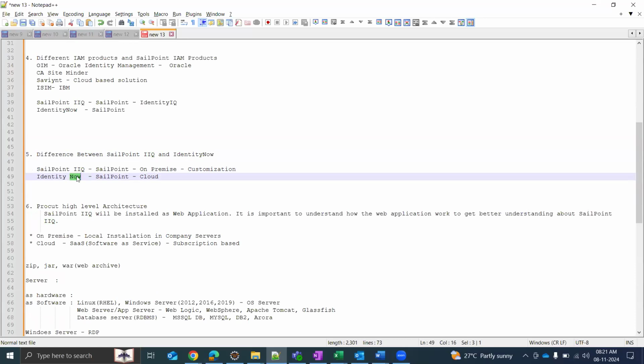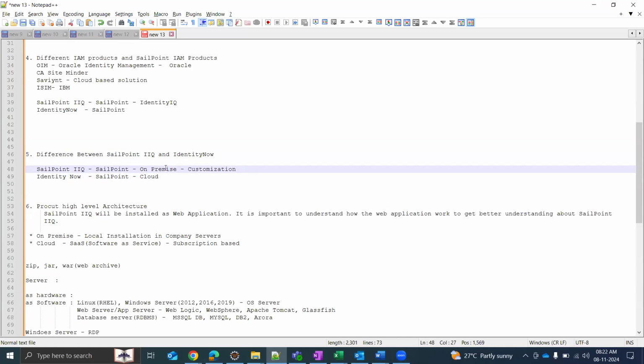It depends on the particular organization's situation. Some people may feel that their data is more sensitive and they don't want to put the data in some other place. They are good enough to keep the data on themselves and protect it. So people who feel their data is sensitive and don't want to put it in other hands will definitely go for SailPoint IIQ.